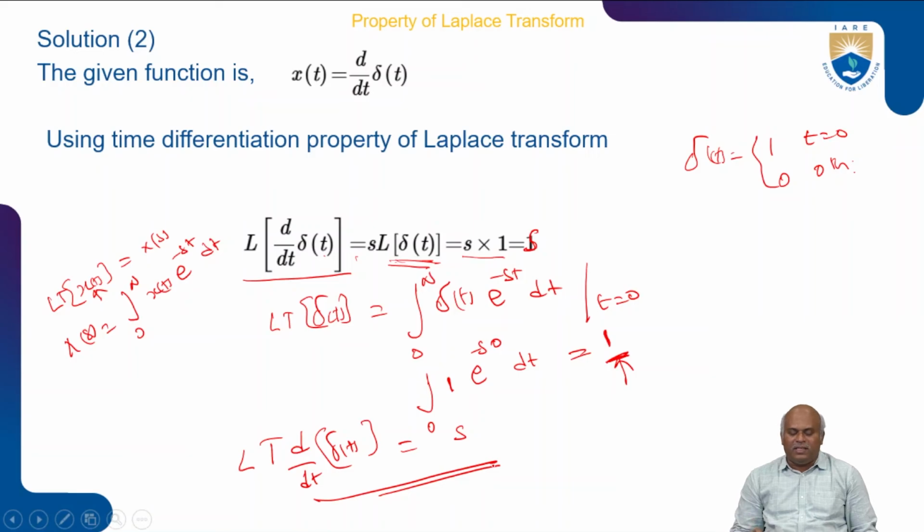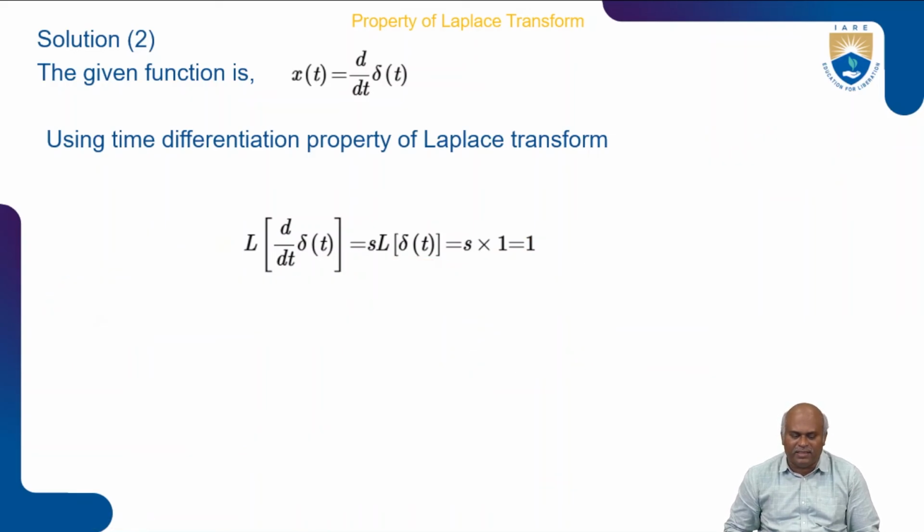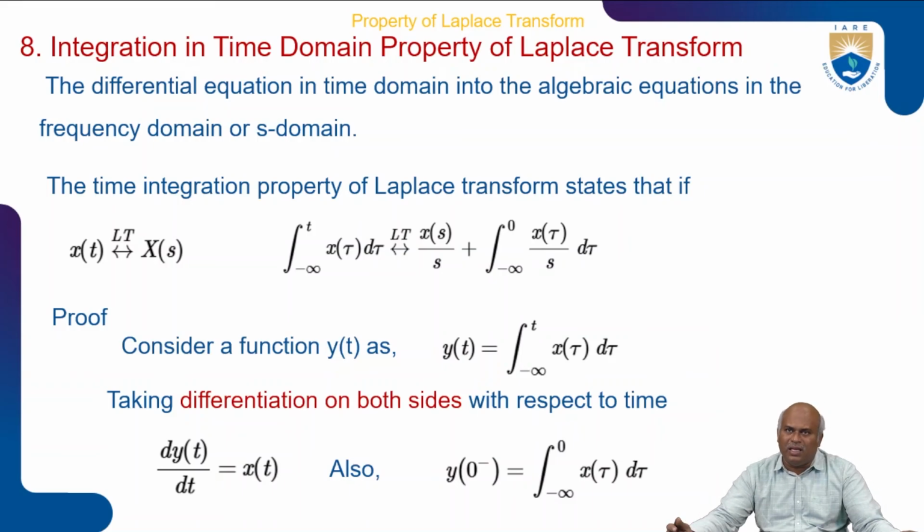So now we have proved the statement. Next property, integration in time domain property of Laplace transform. The differential equation in the time domain is converted into an algebraic equation in the frequency domain, or S domain.